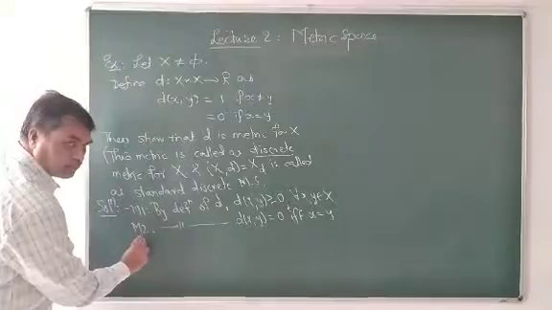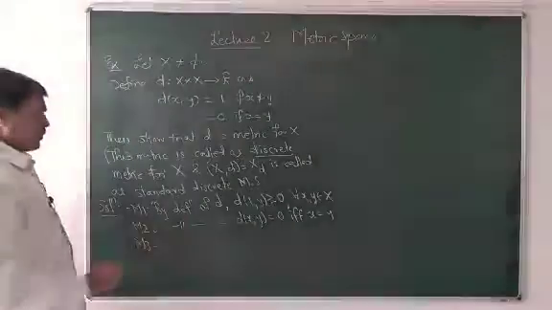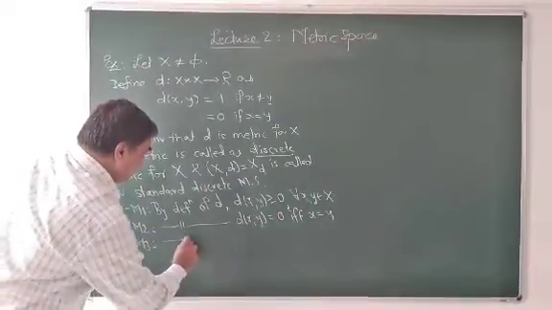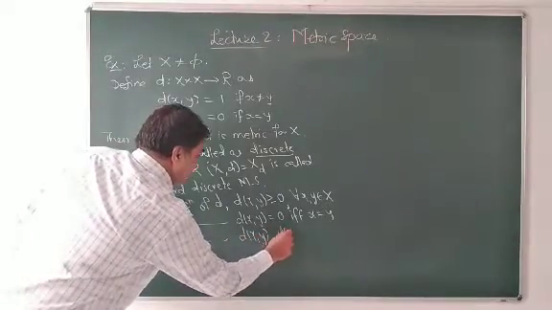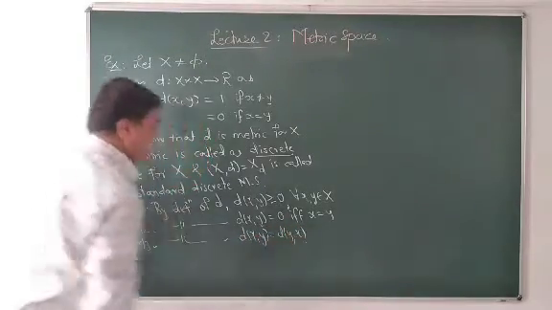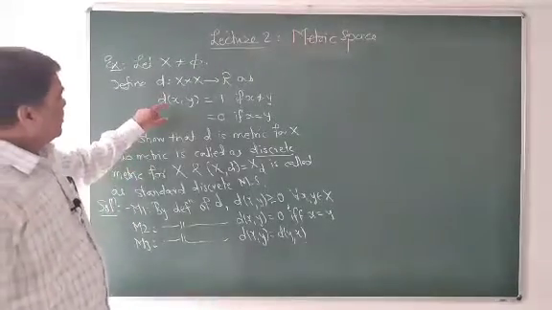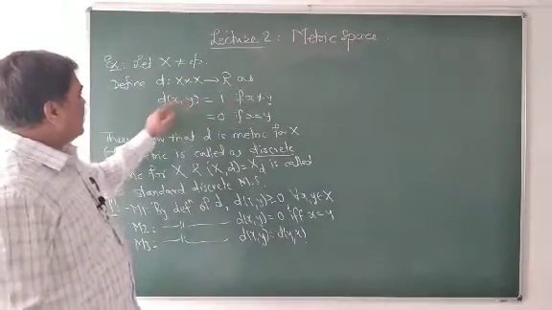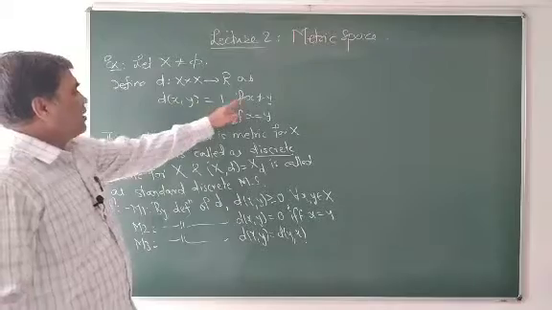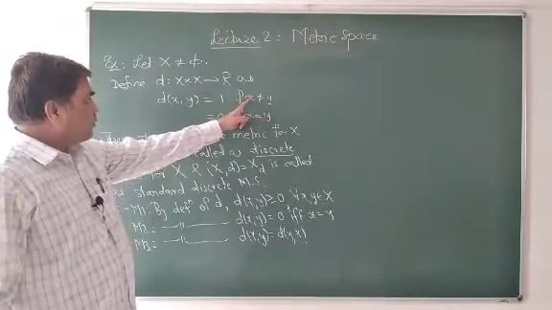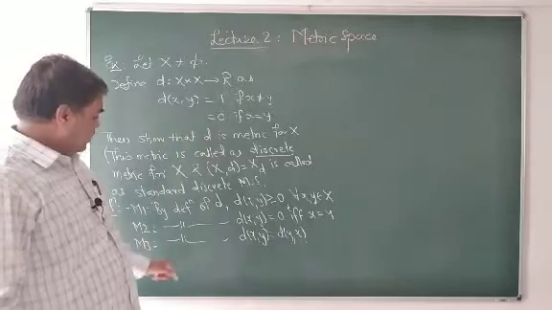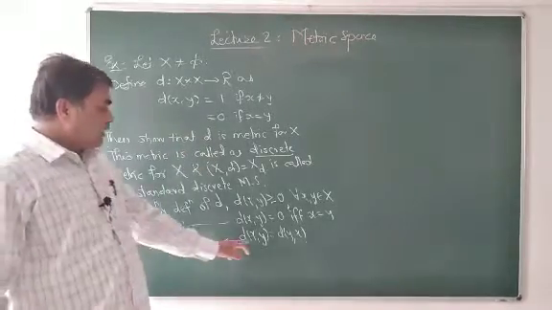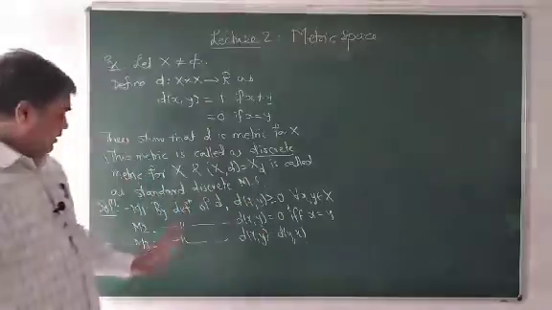Third, M3: by definition of d again, d of (x, y) must be equal to d of (y, x). Because if x is not equal to y, then d of (x, y) is 1. In this case, y is also not equal to x, meaning d of (y, x) also becomes 1, and d of (x, x) is 0, so d of (x, y) is equal to d of (y, x).